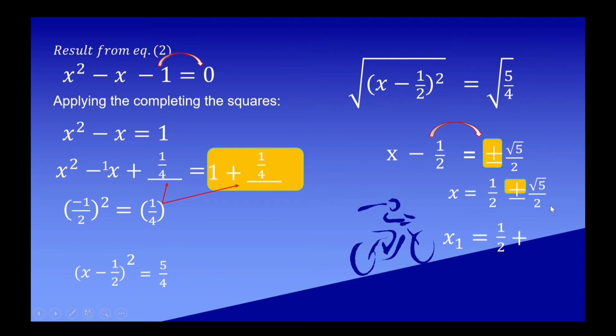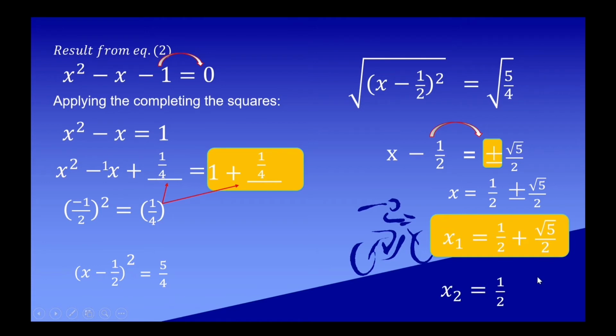So x sub 1 is equal to 1/2 plus the square root of 5 over 2. Then the second value of x, x sub 2, is equal to 1/2 minus square root of 5 over 2.